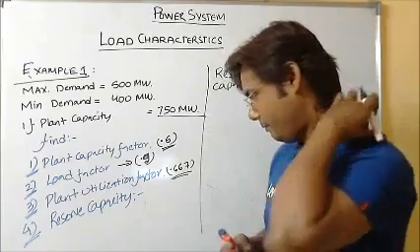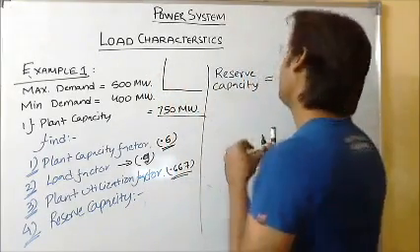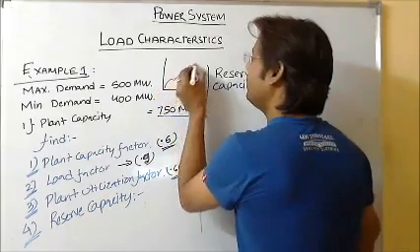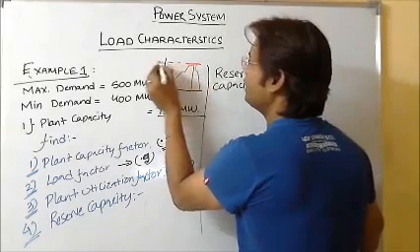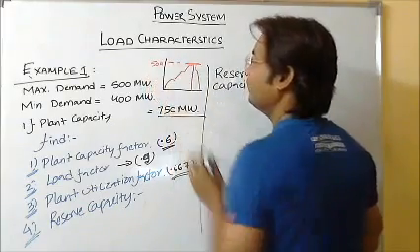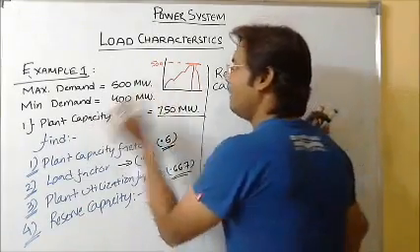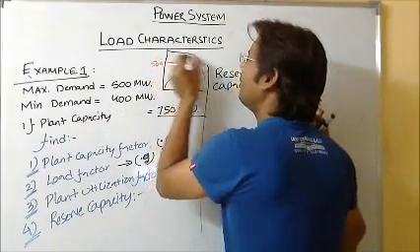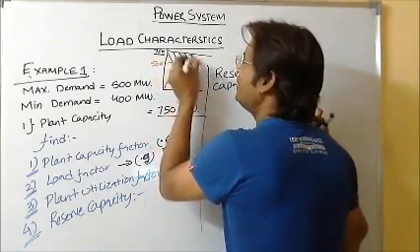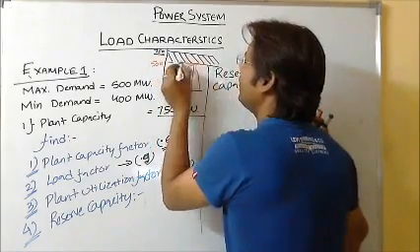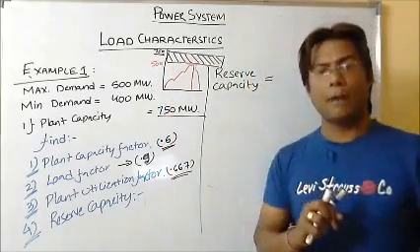If we see in any load curve, this is my load curve suppose, and this is my maximum demand, exactly equal to 500 in the same question, and my plant capacity is right now 750. So this is the capacity which is always in my reserve, which is from 500 to 750.